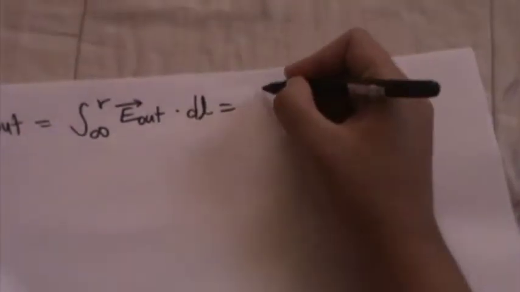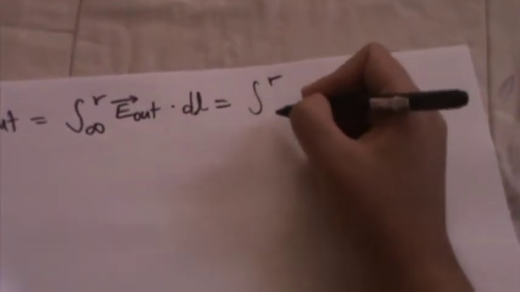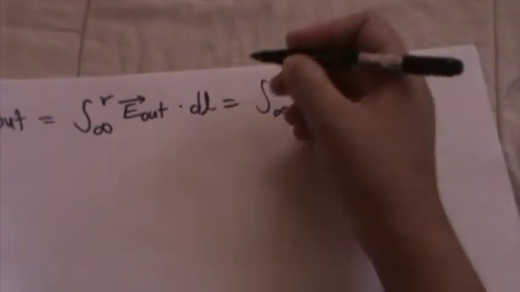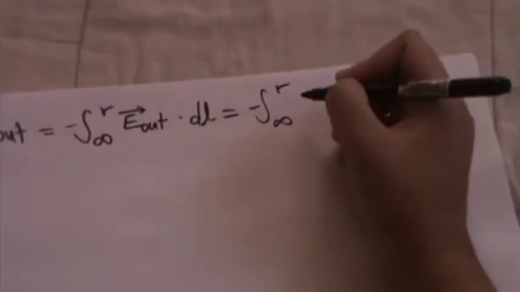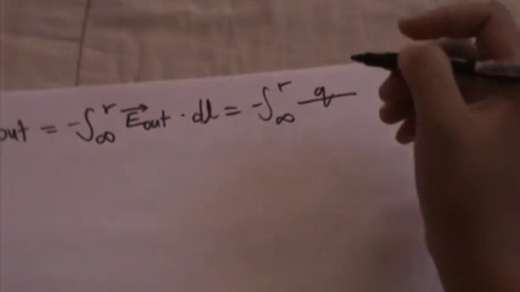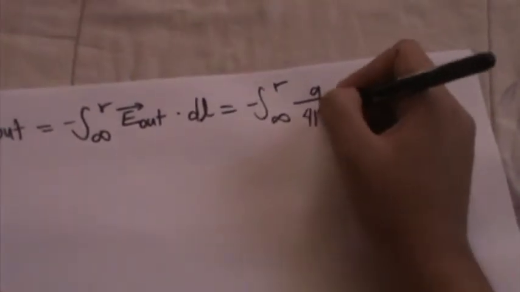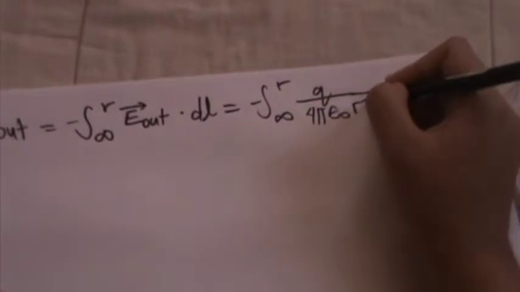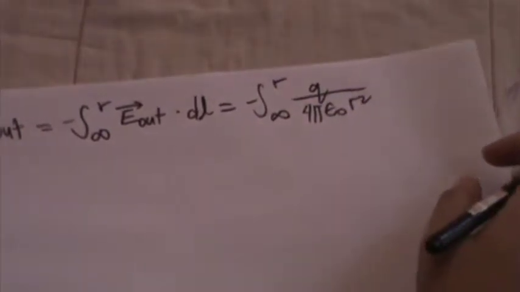The integral from R to infinity, sorry, I forgot, we have to put the negative as well. We have Q over 4 pi epsilon naught R squared, again the electric field outside.